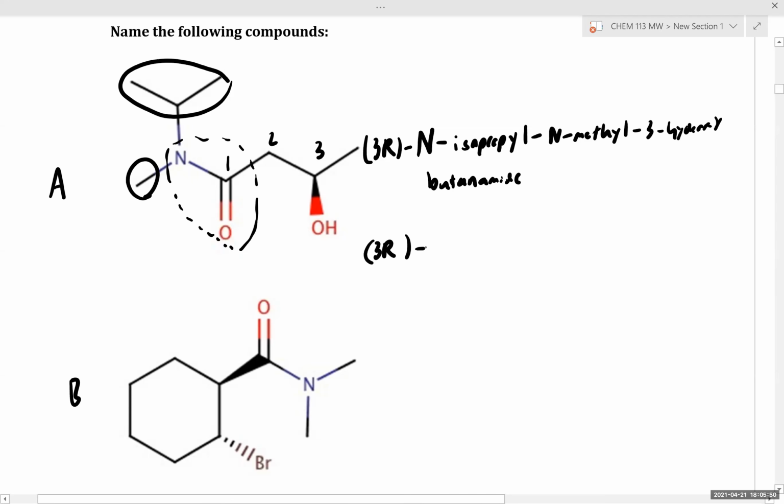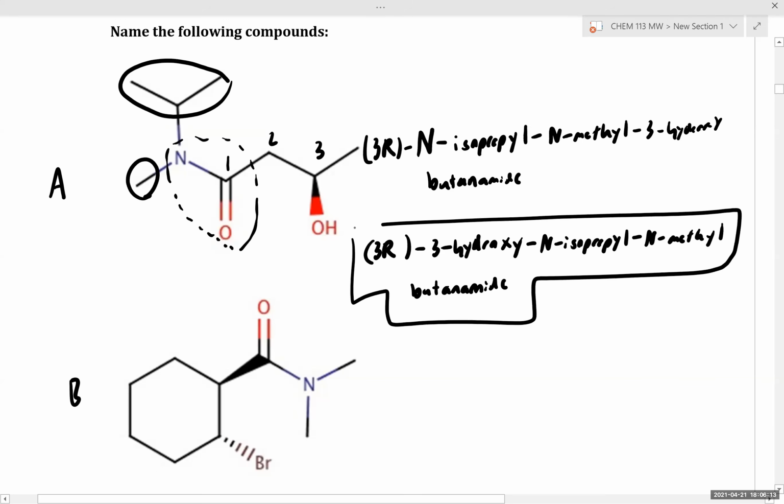So this would be 3R, 3-hydroxy, N-isopropyl, N-methyl butanamide. Does this proposed name make sense to everyone? Any questions on this example?